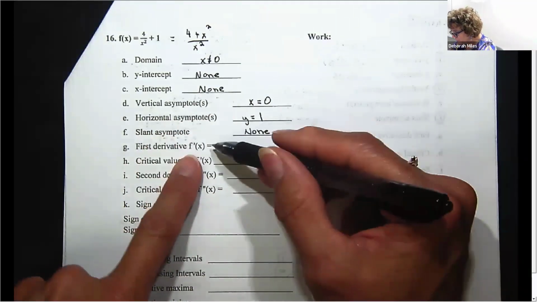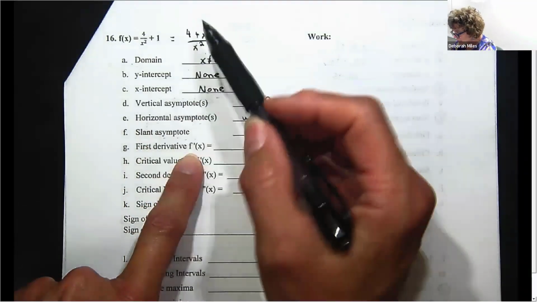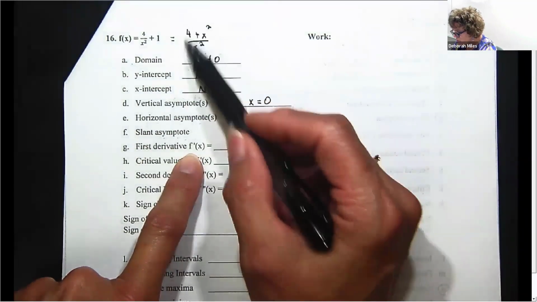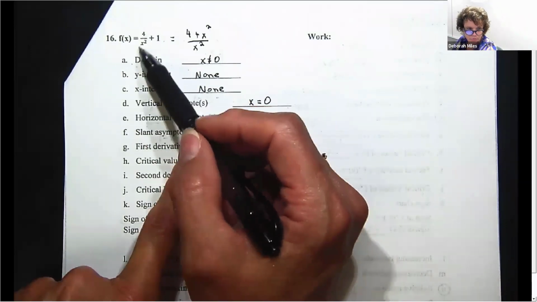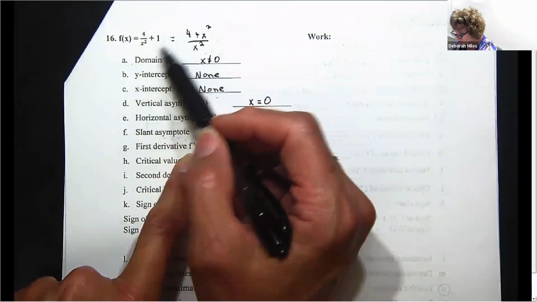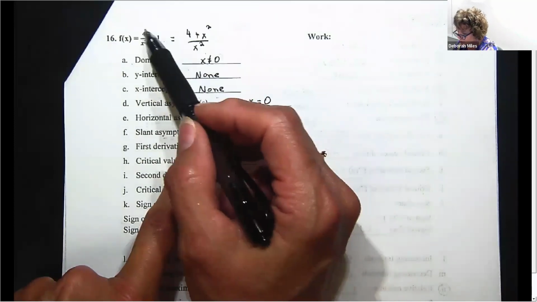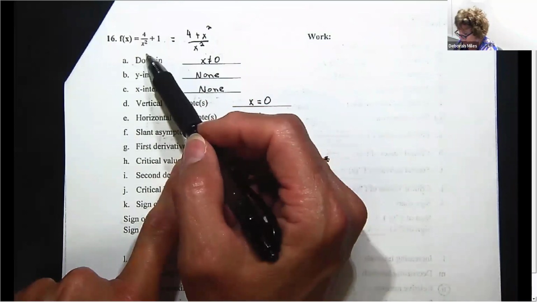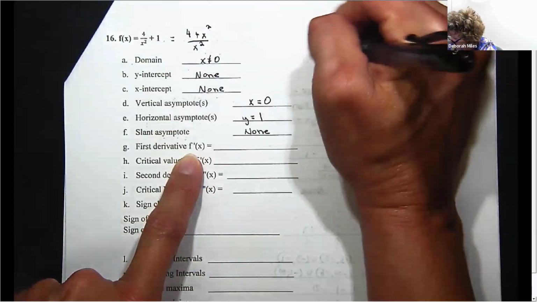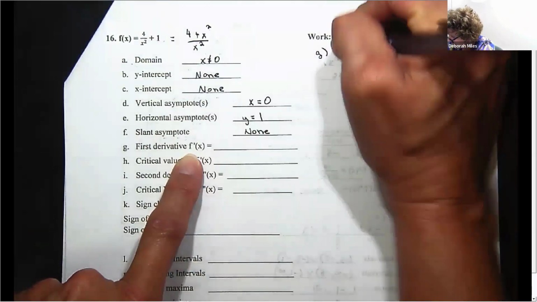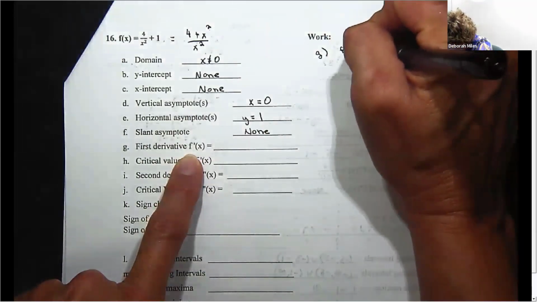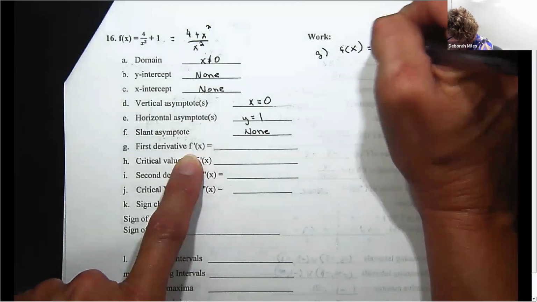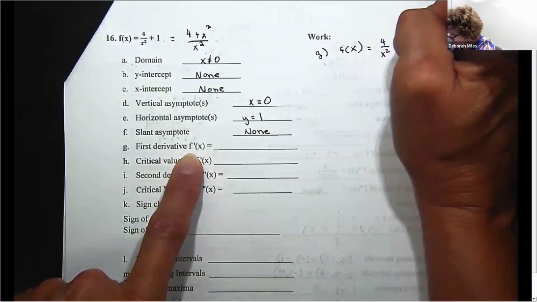All right, the first derivative. You could either take the derivative using the quotient rule, or you could take the derivative term by term. The derivative of the second term is 0, so I'm just going to take the derivative of 4 over x squared. I'll do my work up here, labeling the g part. My function is 4 over x squared plus 1.